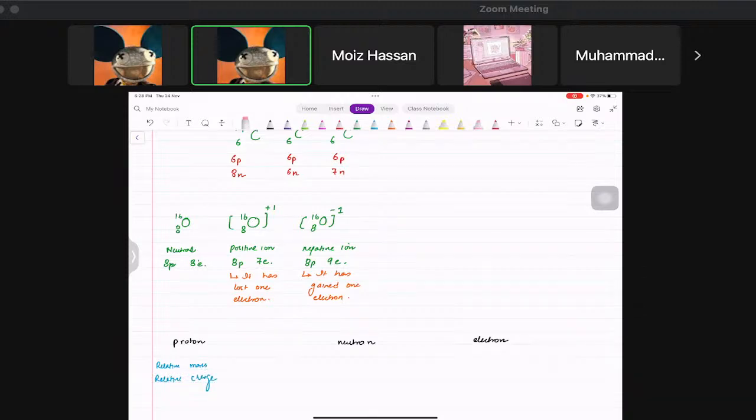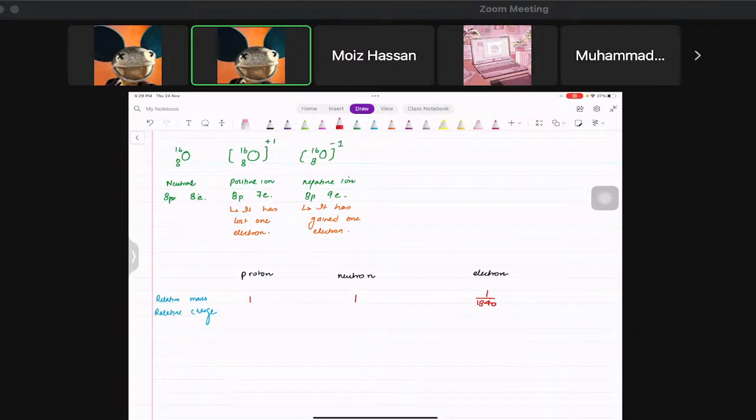For proton, the relative mass is 1, neutron is also 1, electron is 1 upon 1840. Electron is very, very less massive. Proton has +1 charge, neutron has no charge, and electron has -1 charge.